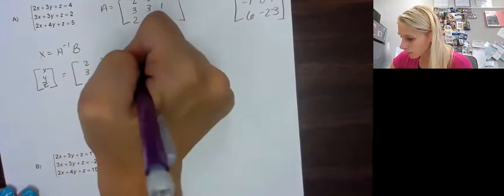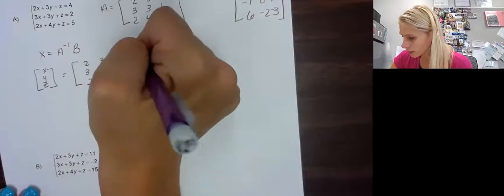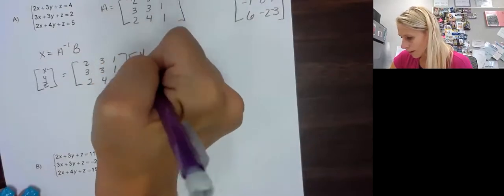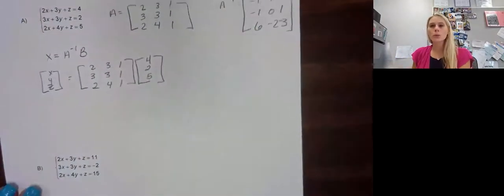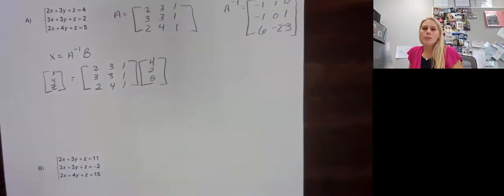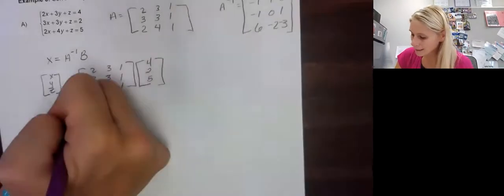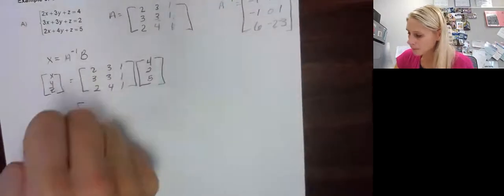And then we're going to multiply it by our constant, which is our 4, 2, 5. If you want to practice your multiplication right now, what I would do is pause the video, do out your multiplication, and see if you come up with the same answer that I do.